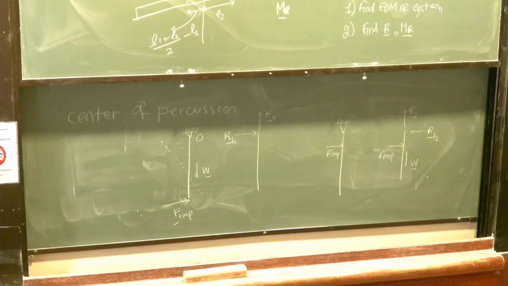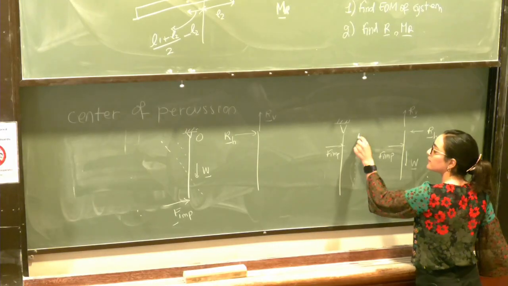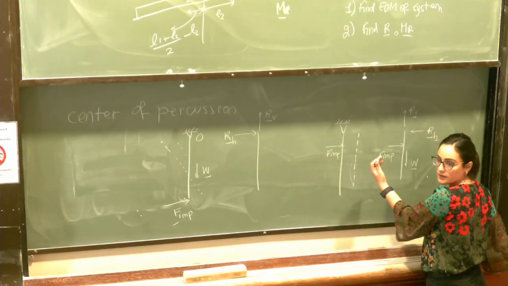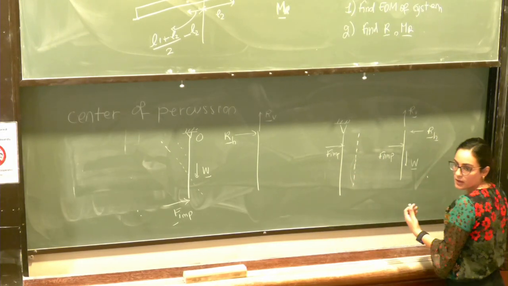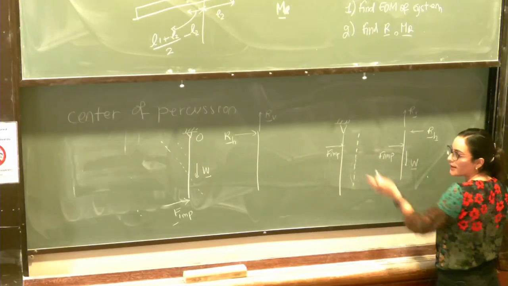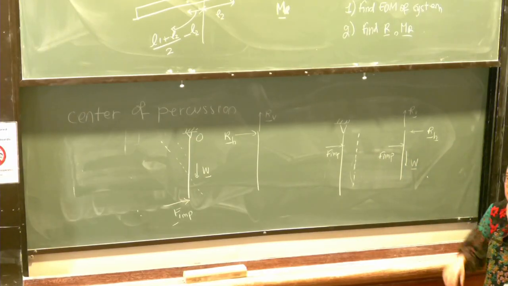Any questions? Yes? I don't really understand why the reaction force is to the right in the second diagram. Yeah, because when you impact the bar like this, the tendency to displace is going to be to this side, so the reaction force counteracts this displacement.